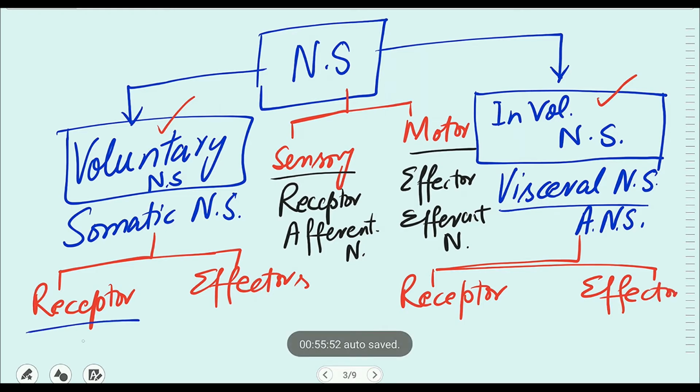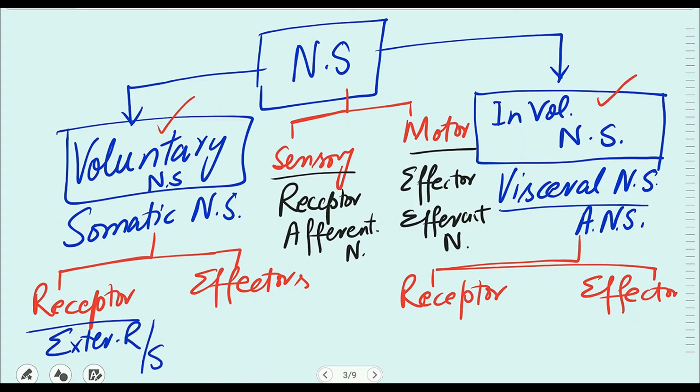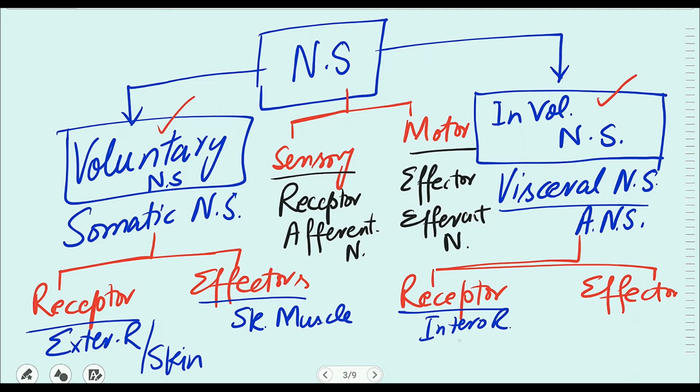The receptors of the somatic nervous system are exteroreceptors that are present in the skin, and the effectors of the voluntary nervous system are the skeletal muscles that are in our control, that are voluntary muscles. And the receptors of the visceral nervous system are the interoreceptors, and they are generally present in the mucosa that lines the body viscera.